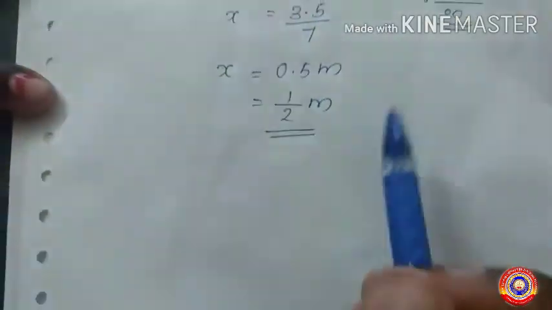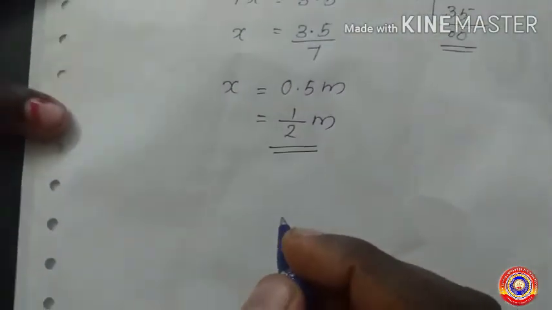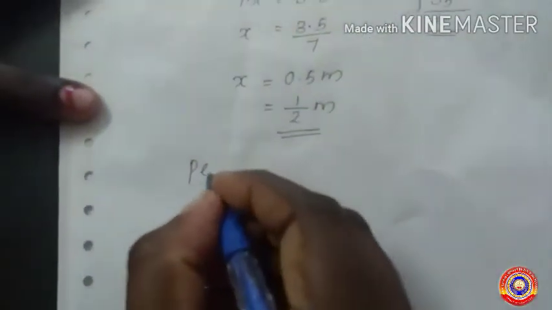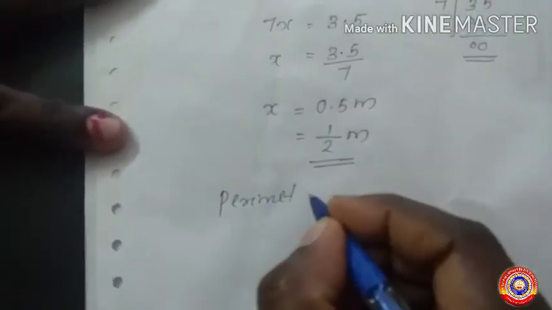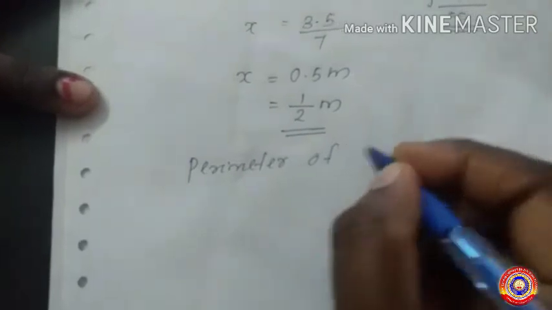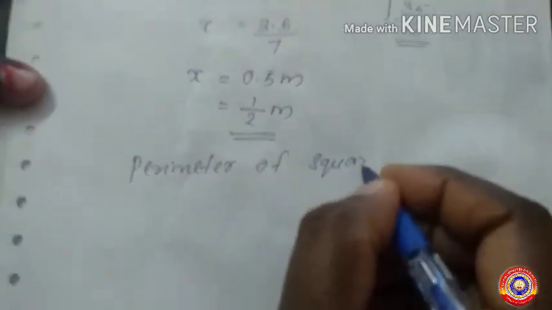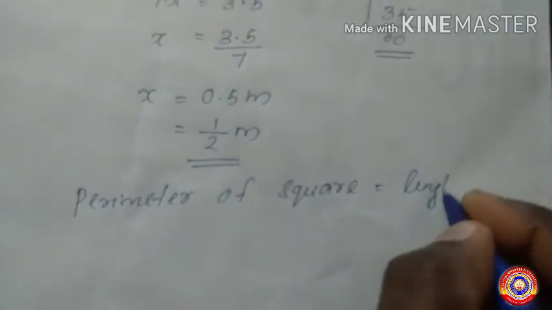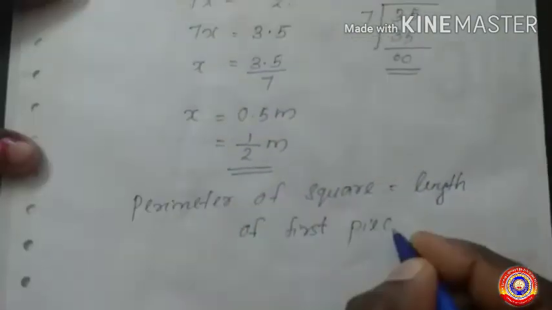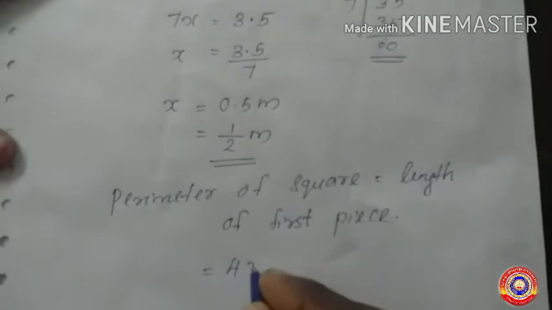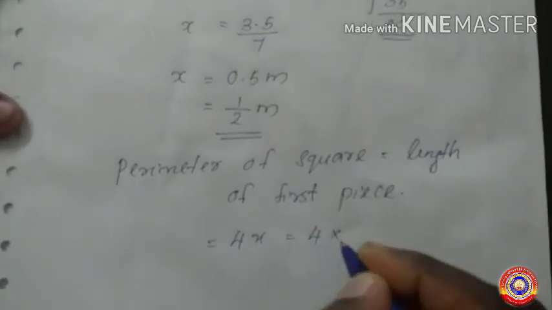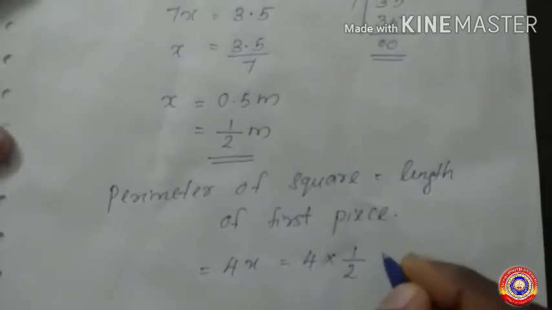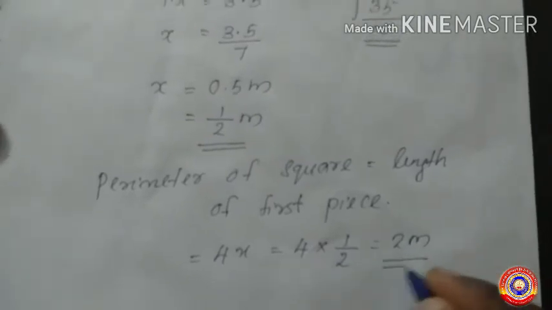Next we have to find the lengths of the pieces, and the lengths of the pieces are equal to the perimeters of the square and the equilateral triangle. Perimeter of the square is equal to the length of the first piece, and it is equal to 4x equal to 4 into 1 by 2 equal to 2 meters.